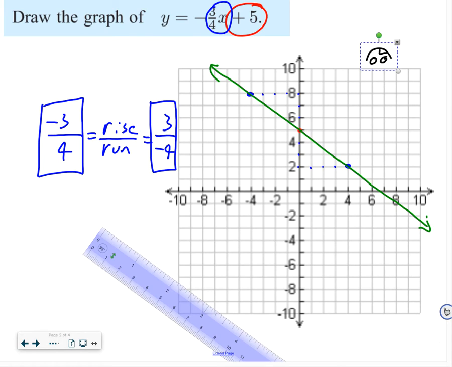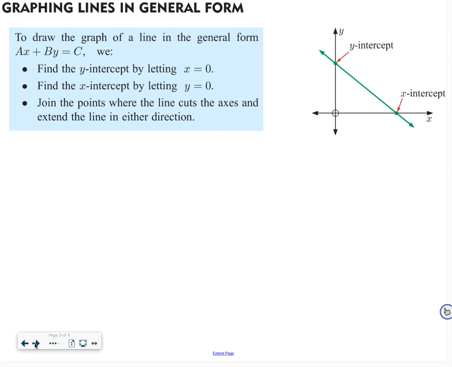Okay, so let's look at this if we're asked to graph it in general form. So the first thing here is remember that general form is of the form ax plus by equals c. What we want to do first is graph the y-intercept. So the y-intercept happens, remember, when x is equal to 0. So we plug that in and we'll find that value.